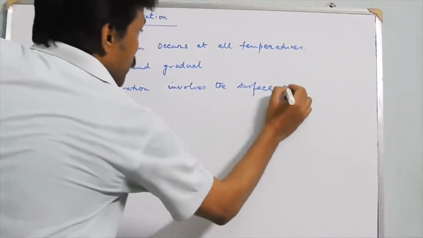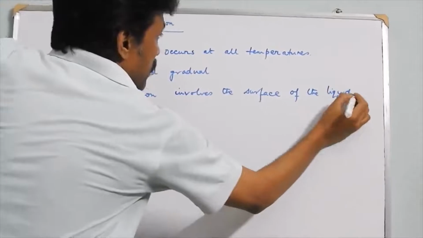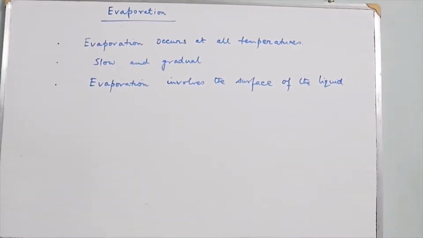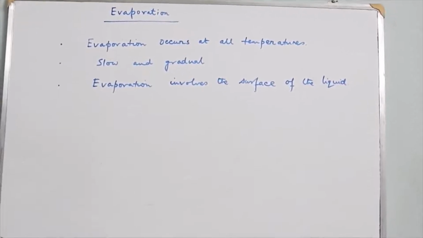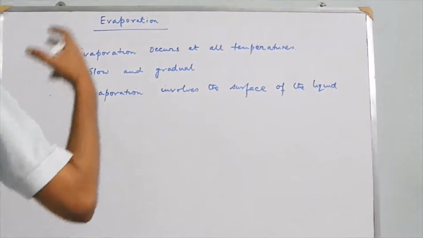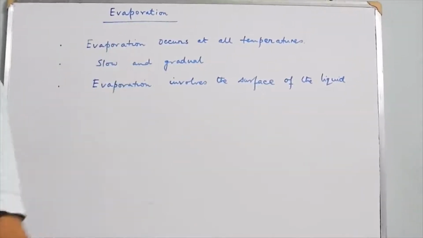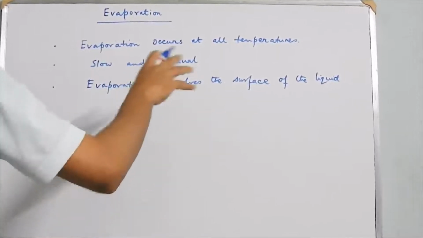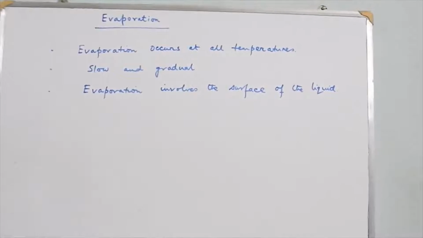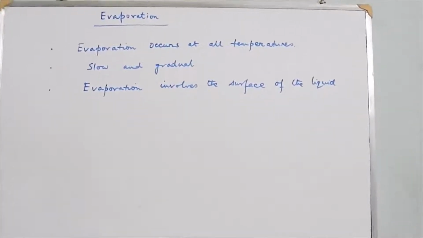The liquid evaporates from the surface, the molecules at the surface escape and they get converted into gaseous form or vapors. But boiling is very fast, it is a violent process, and boiling will involve the entire liquid. All the molecules of the liquid will undergo motion, and thereby boiling will occur.